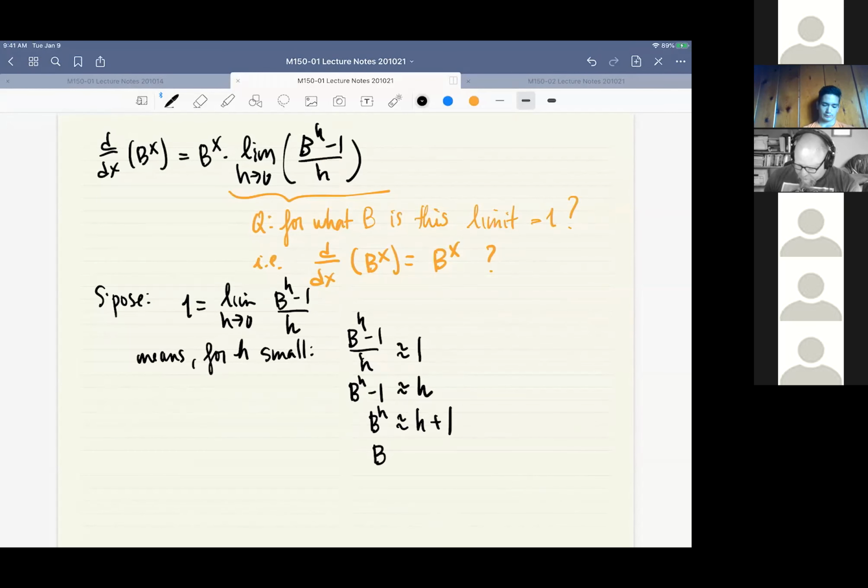Now let's solve for b by taking both sides to the 1 over h power. So this tells me that if this is true, then b is going to be equal to the limit as h goes to 0 of 1 plus h to the 1 over h.